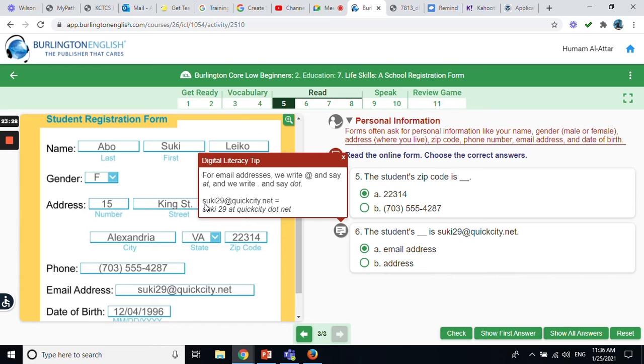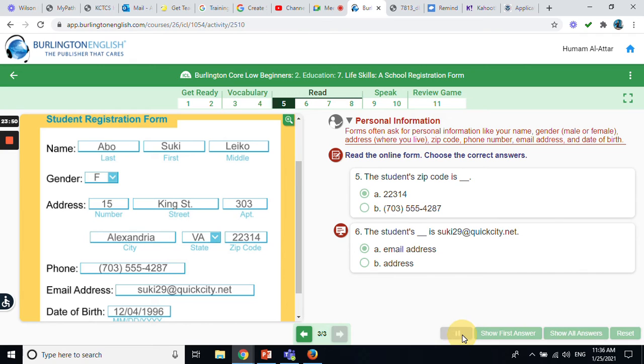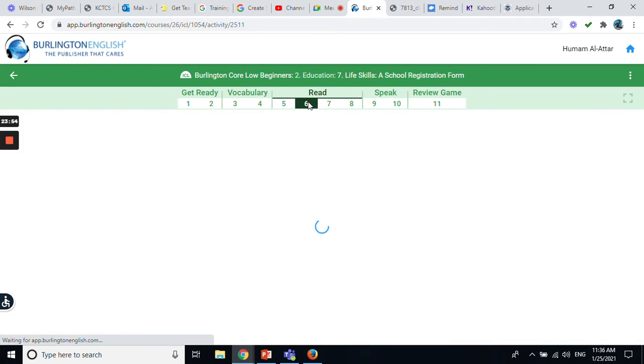So this one, Suki 29, this sign, Quick City something here, this little thing, net. The way we say it, we say Suki29 at quickcity.net. Okay? There we go. All the answers are correct. We move on to number 6.